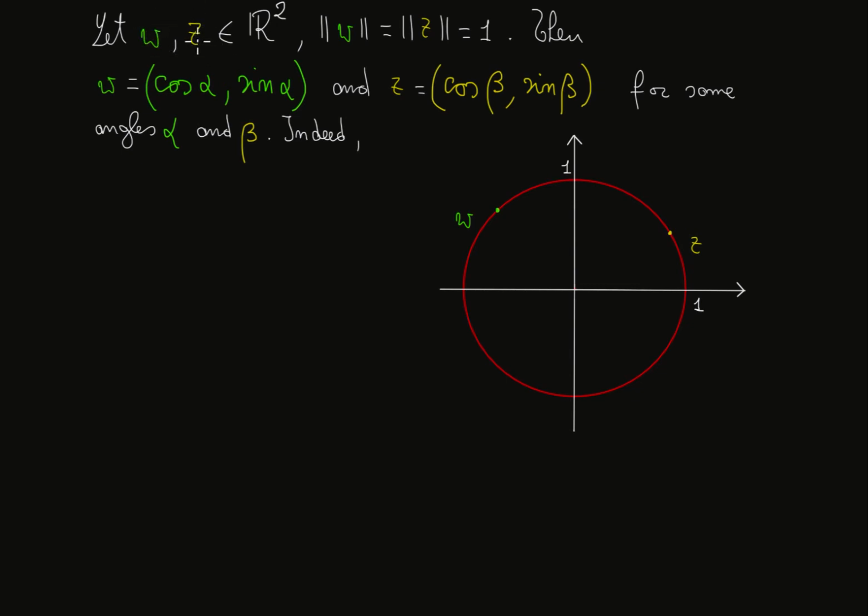Let's interpret the inner product between W and Z in terms of the angle between W and Z, as we defined before. Since both vectors have norm 1, we can express them as W equals cosine of a certain angle alpha and sine of alpha, and Z equals cosine of beta and sine of beta, for some angles alpha and beta. Let's draw the relevant picture.